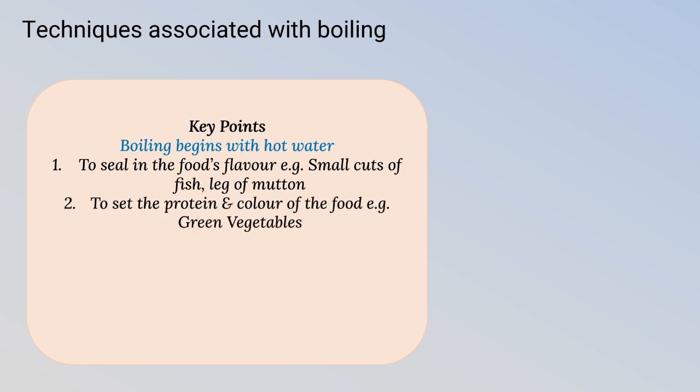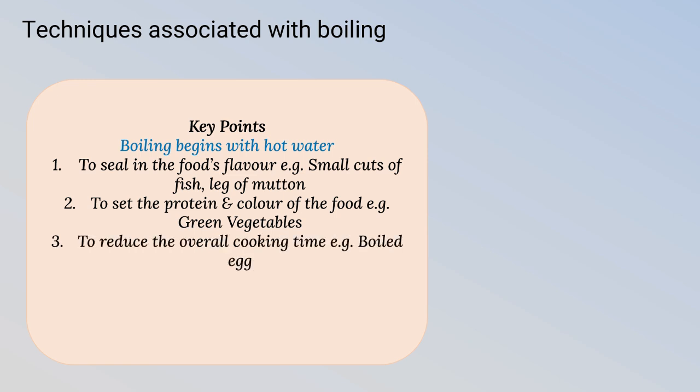To set the protein and color of green vegetables, we start from hot water only, like blanching. We put the vegetables in boiling water and then immediately go for shocking. So boiling will start in this case from hot water only.